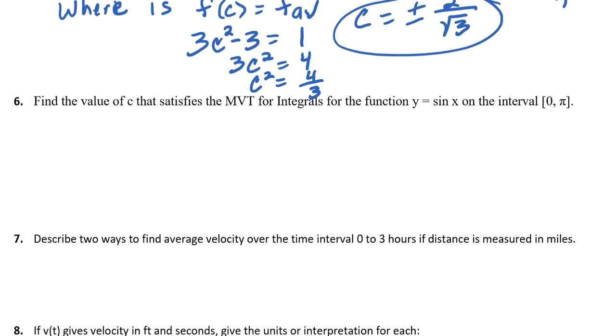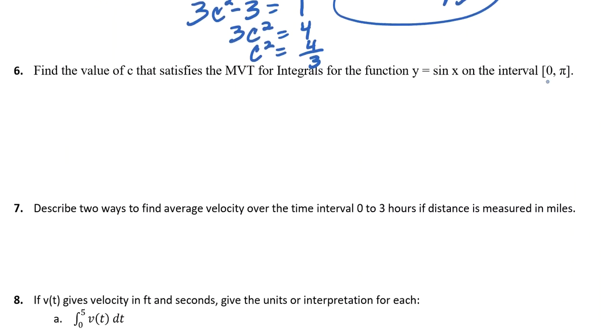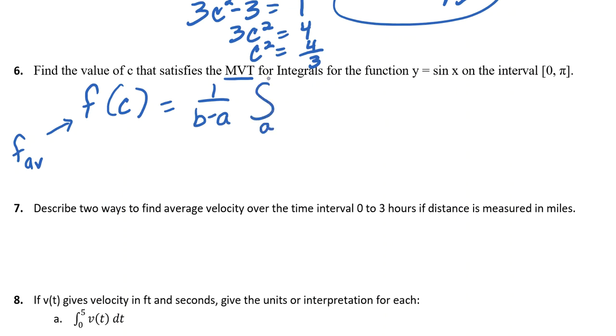All right, so let's try again. Here we have a sine function from 0 to pi. So right away, we're finding the value of c. So remember that another name for this would be our f average. So when is f of c equal to the area divided by the base?